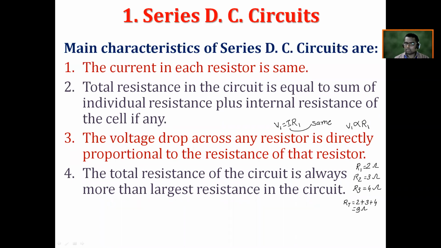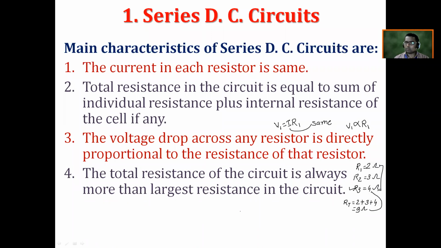Is it right? Now, out of these three resistors, which resistor has the greater value? R3. And now, if you consider the total resistance, can I say that this 9 ohm is greater than this 4 ohm? Yes, sir.